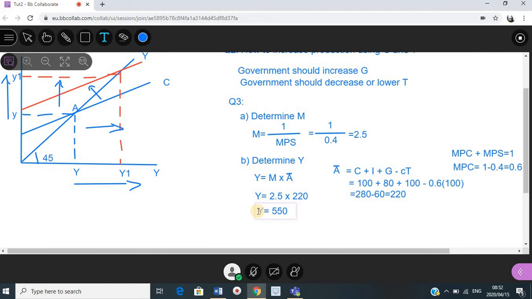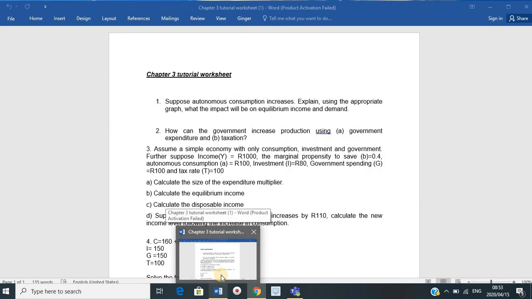Next, the question says to calculate the disposable income.